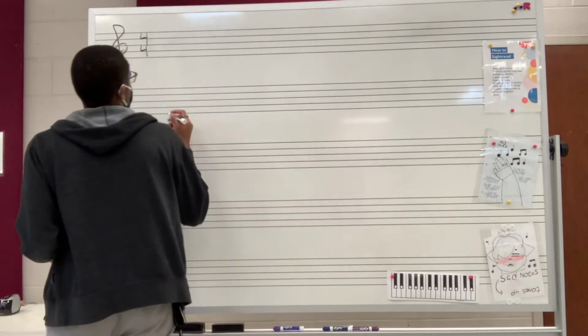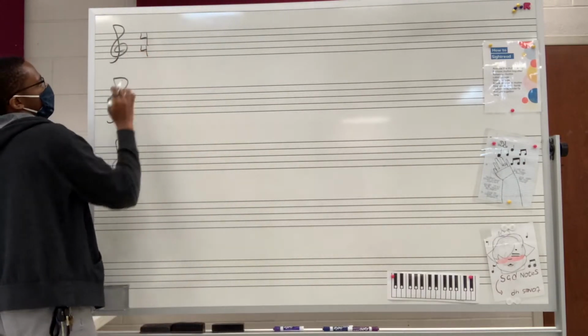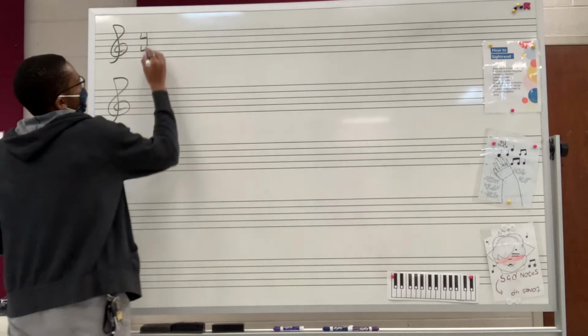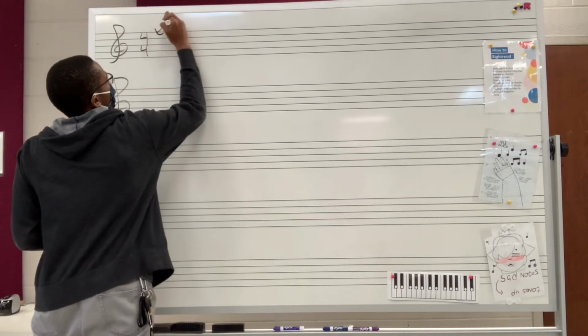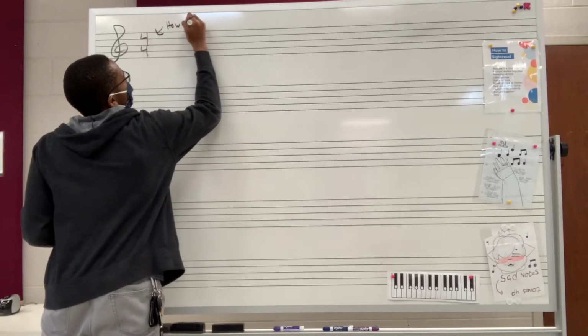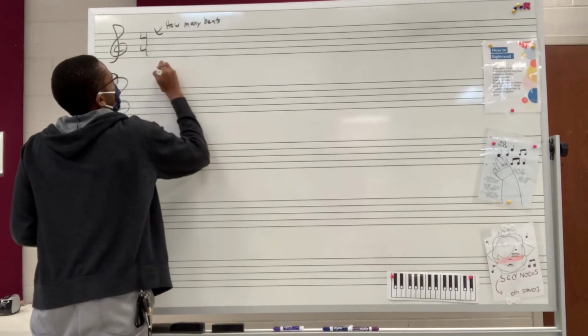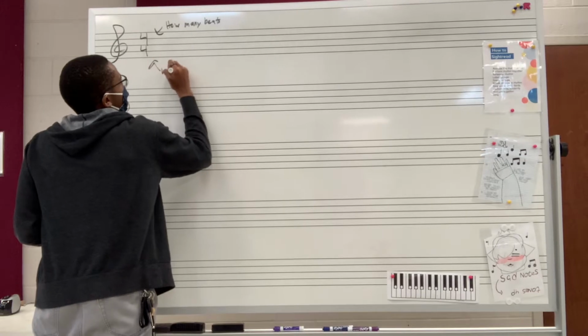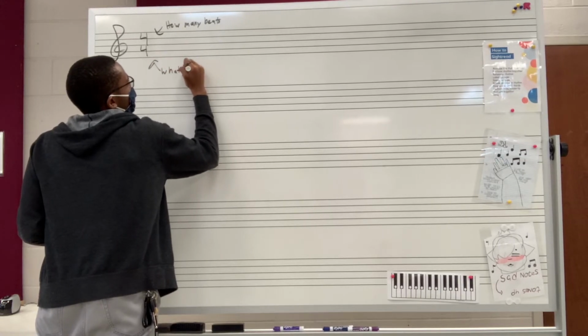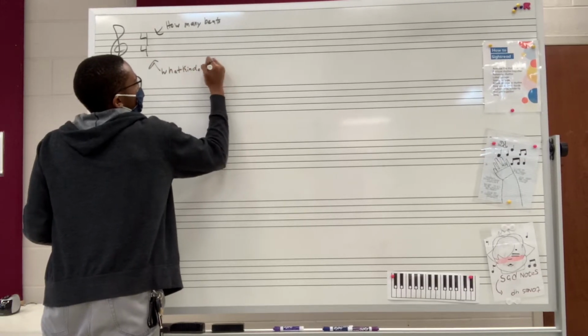So normally you'll see one that looks like this. It normally says 4/4. The top number tells me how many beats in each measure, and the bottom number tells me what kind of note equals one beat.